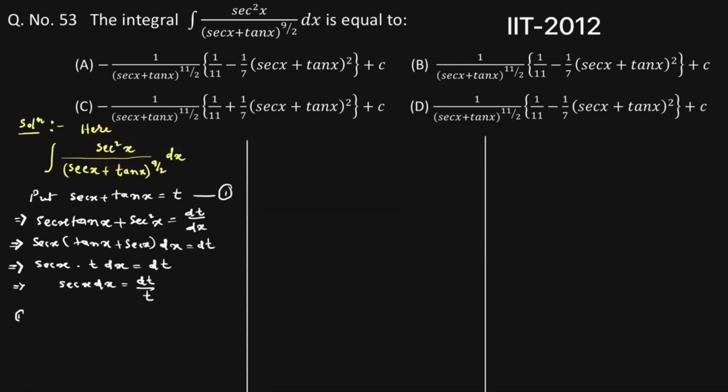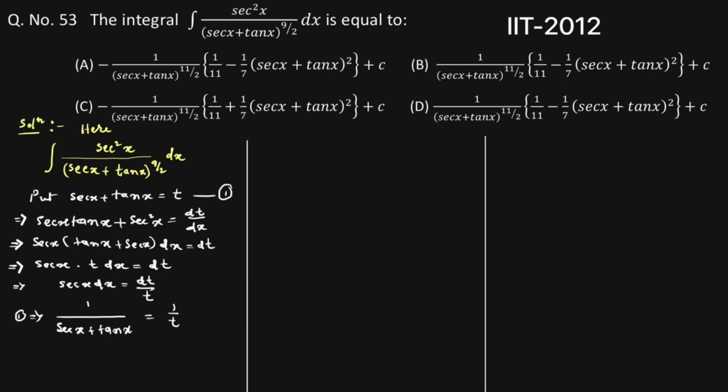So equation number 1 we are able to write as 1 by sec x plus tan x equal to 1 by t.